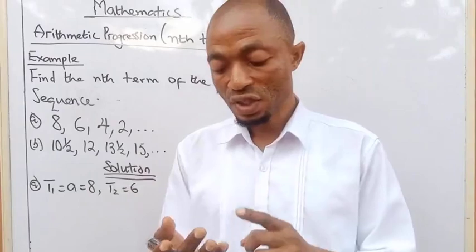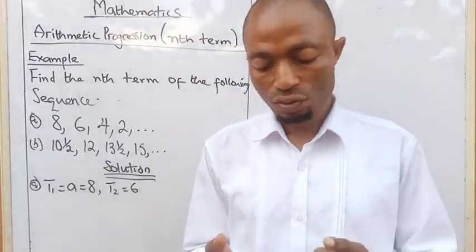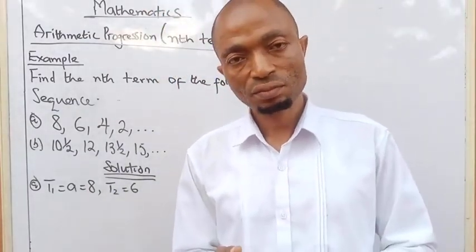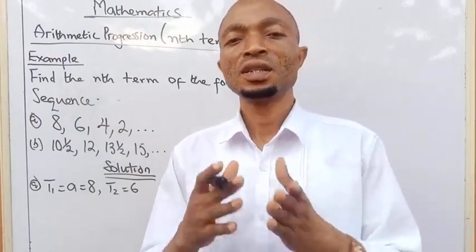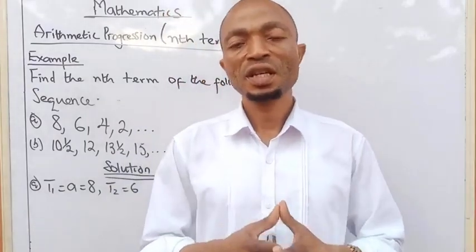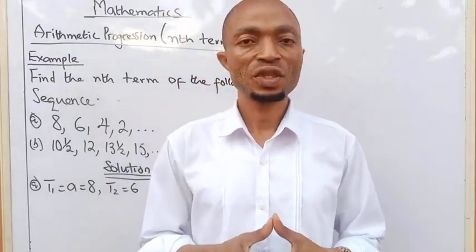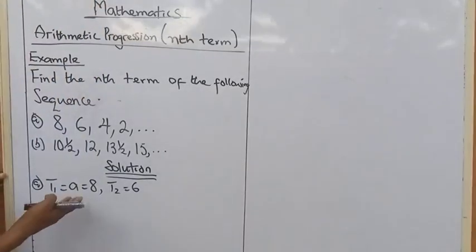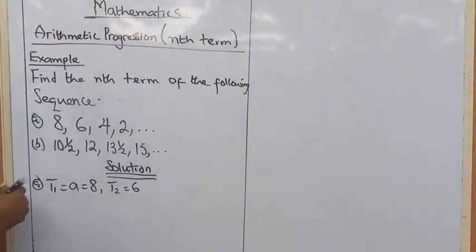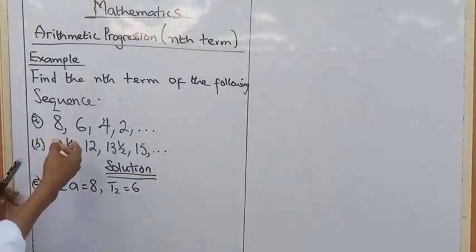So after we have gotten our first term, you also know your second term, that's T2. So we need to find the common difference. In linear sequence, we find common difference. Let's look for common difference. That is the difference between the consecutive terms.